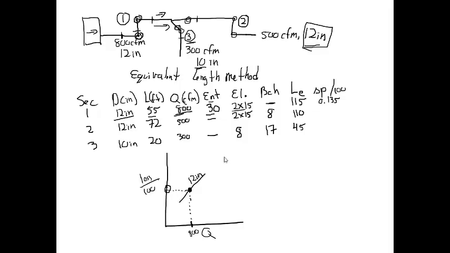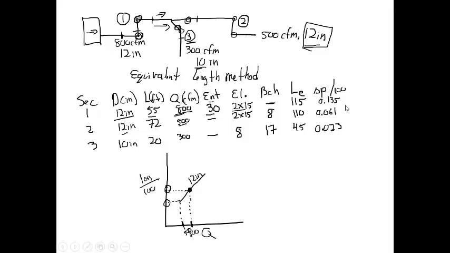Right, so then you do the same thing for 500 CFM, and you would find a lesser loss, right? 500 CFM for section 2 at 12 inches, you should find a loss of 0.061 inches of water per 100 feet of duct length. And then for section 3 at 10 inches for 300 CFM, you should find 0.023.